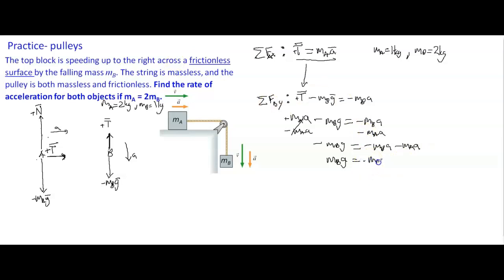And so this is going to be mass of block B times the acceleration plus mass of block A times its acceleration. Now I'm going to factor out the acceleration, and now I get the masses of block A and block B. This is the mass of block B times g.